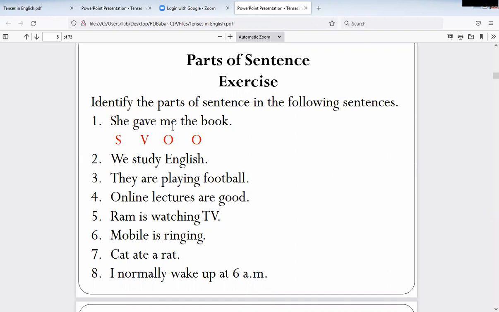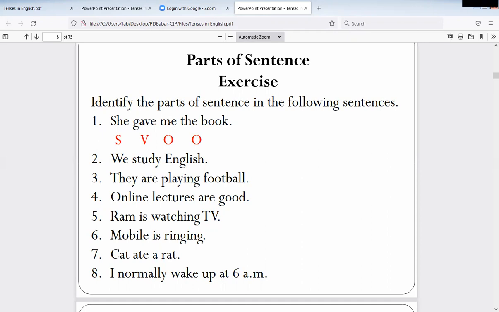And if you ask a question with whom to the verb, then it is answering the indirect object. Okay, so whom gave? Me.